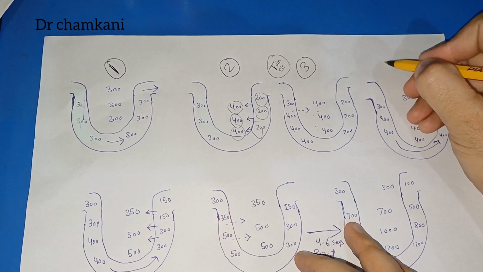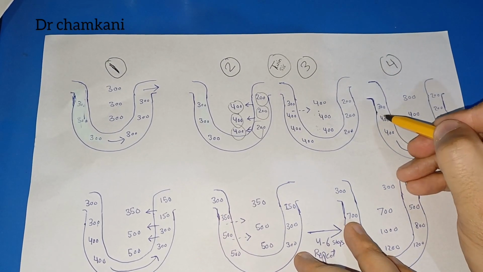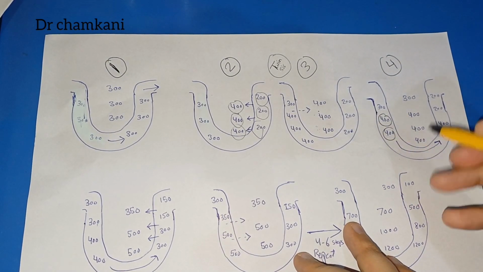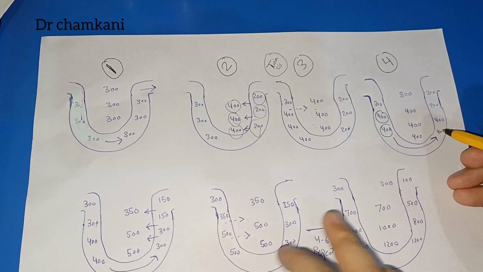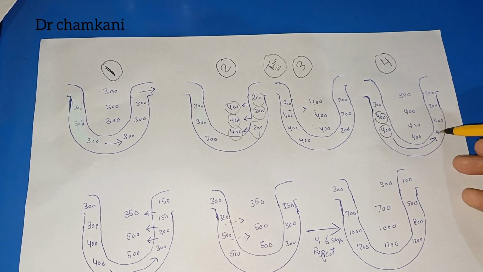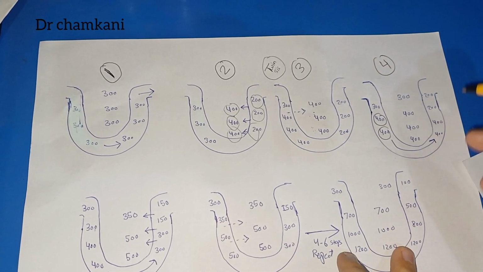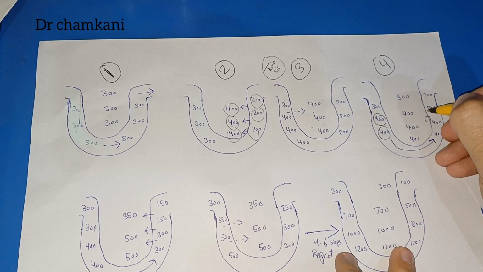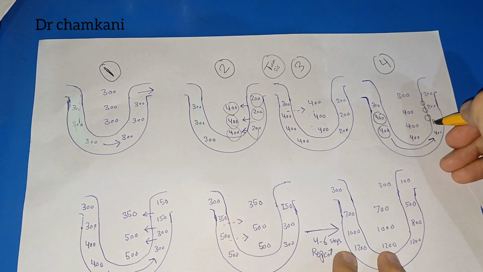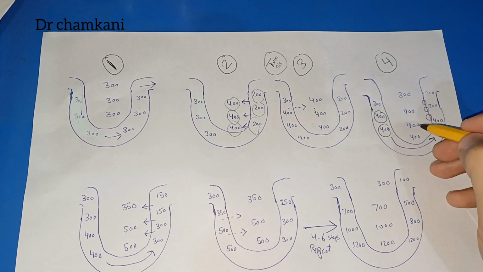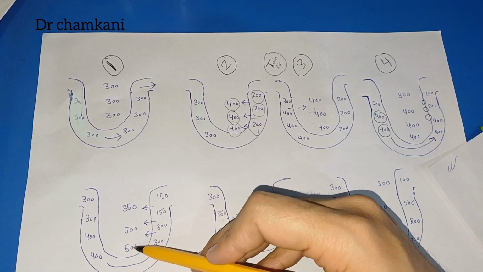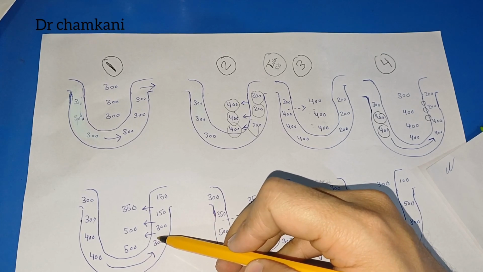In step 4, this fluid with a high concentration of 400 starts moving into the ascending limb, and the concentration here increases further. Now again the active transport of electrolytes starts, throwing electrolytes out from this segment into the medullary interstitium until the difference of 200 has been created again.